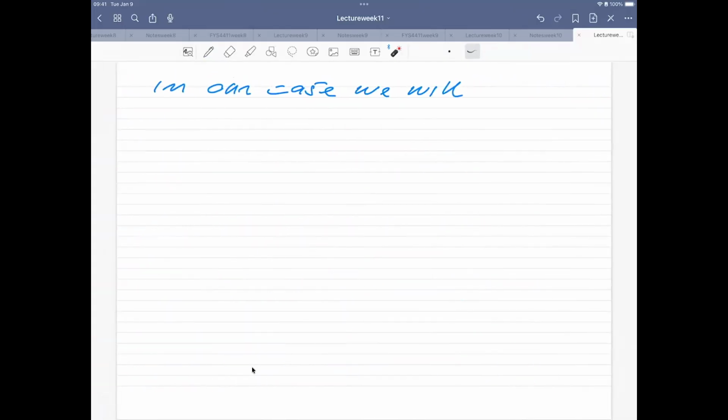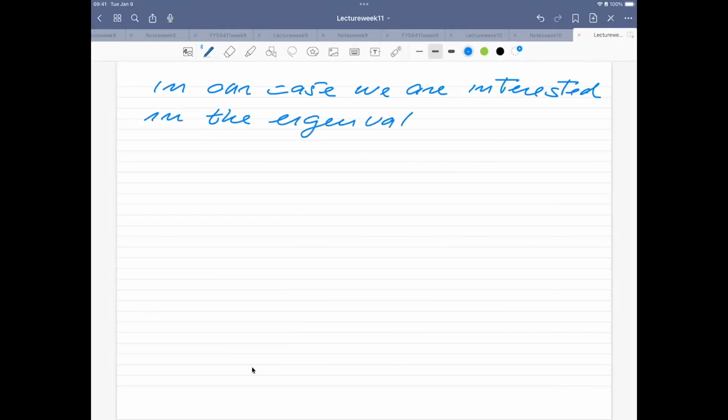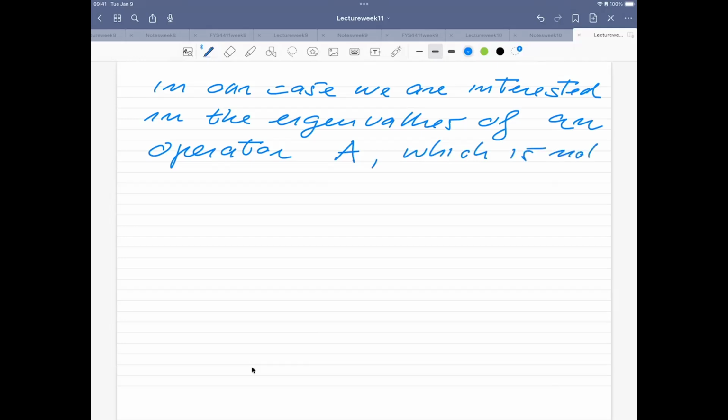In our case, we are interested in the eigenvalues of a Hamiltonian H, or, in more general terms, an operator A, which is not necessarily unitary.